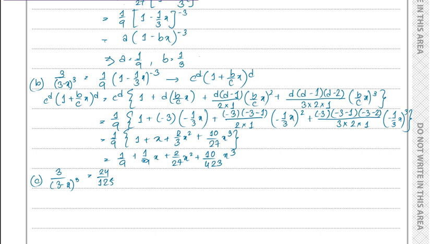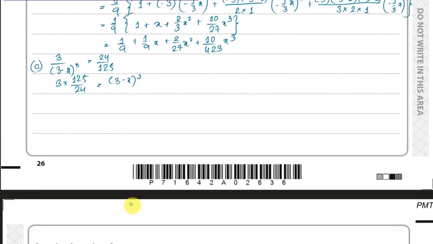So for this, at first we would cross multiply, so 3 multiplied by 125 divided by 24. And if I take this here, so 3 minus x to the power 3 whole cube would come out to be 125 by 8. 125 by 8 equals 3 minus x whole cube.